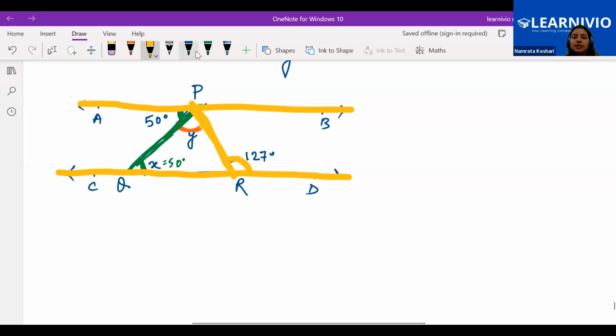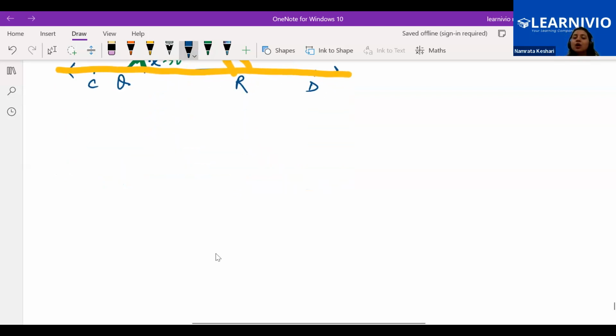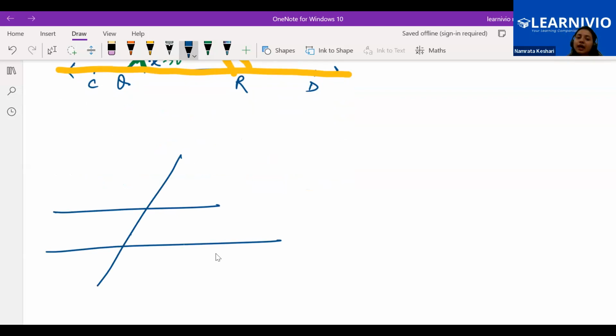See, when you say co-interior angle or alternate interior angle, you have a pair of parallel lines with a transversal, and the angle you are drawing starts from one parallel line and touches the other parallel line. This is how we take the angle.